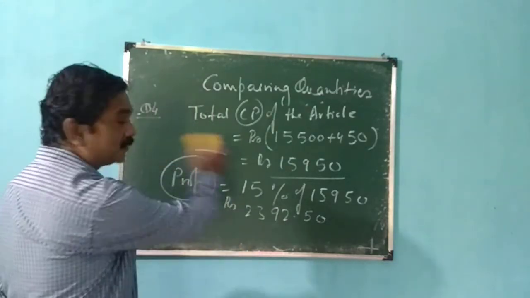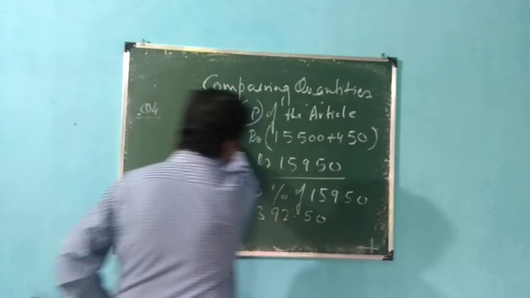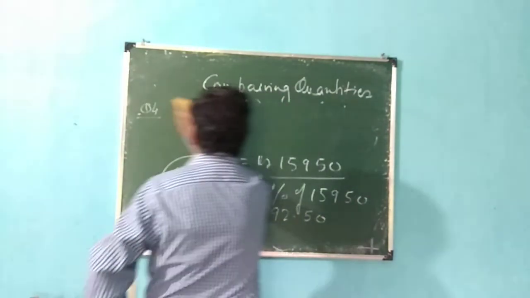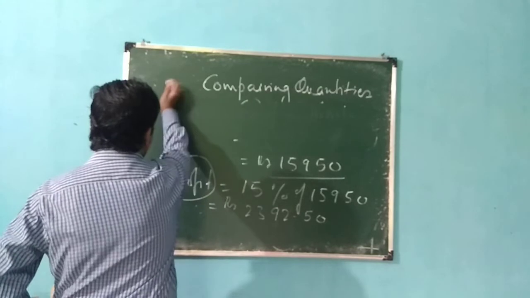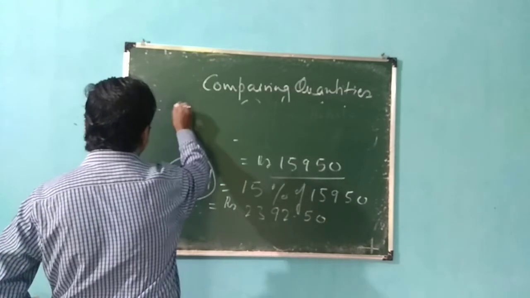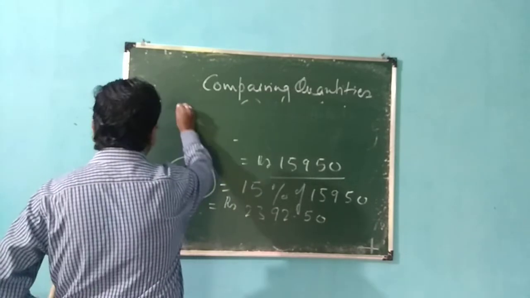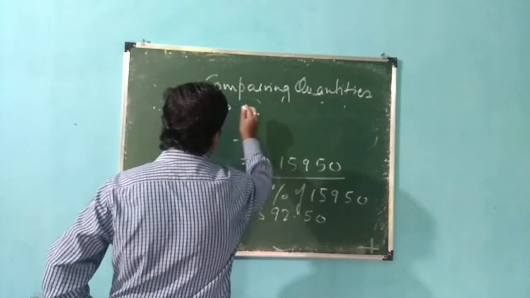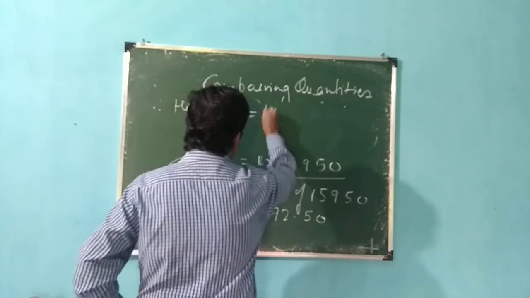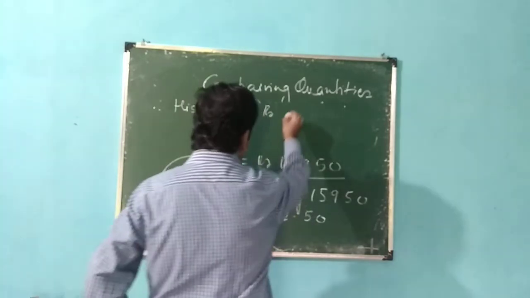So I'll do one thing, I'll rub this. So selling price, therefore his selling price should be equal to rupees. What was the cost price?